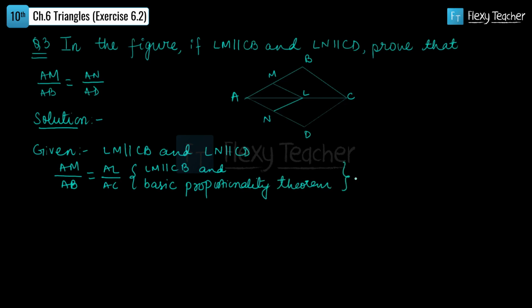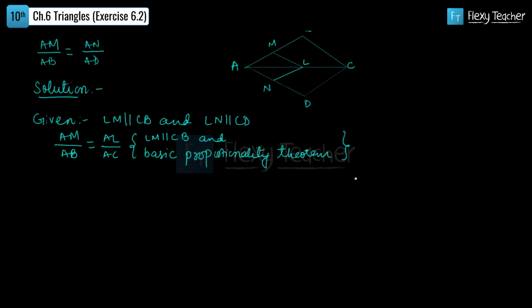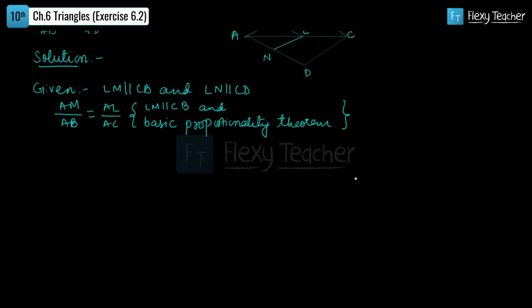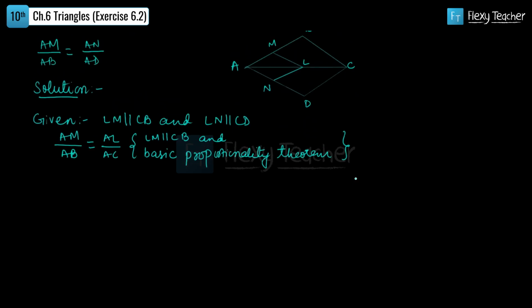Now let us see what will happen if LN is parallel to CD. If LN is parallel to CD, we can say that AN upon AD is equal to AL upon AC.